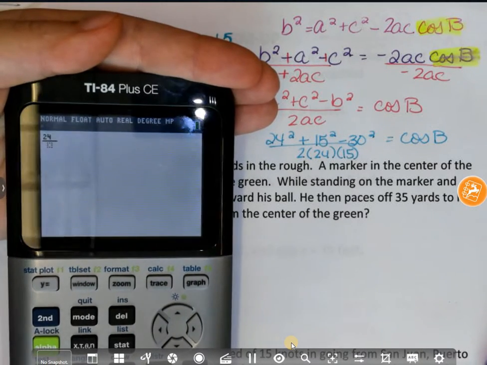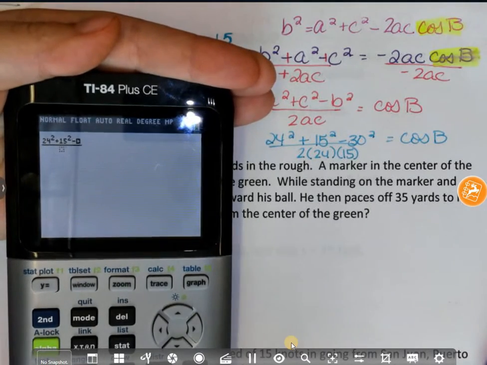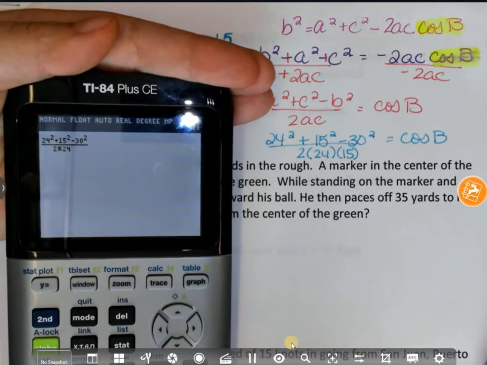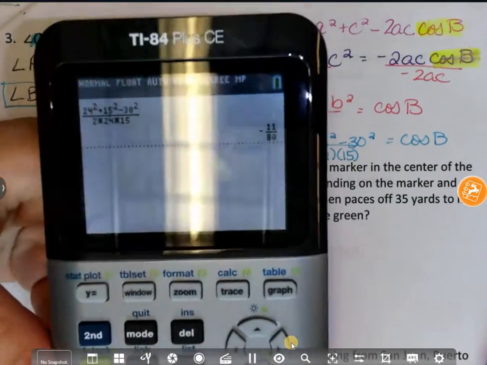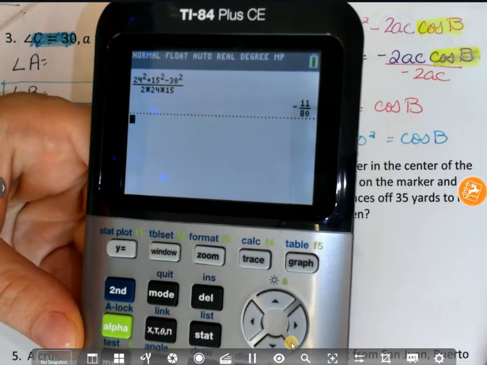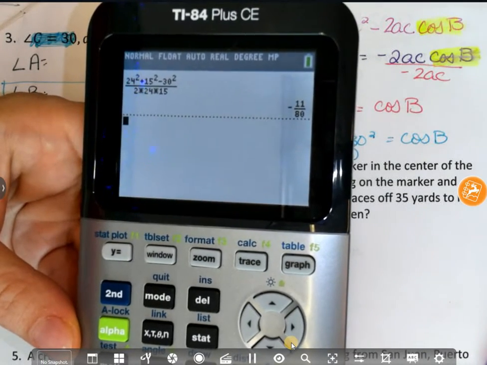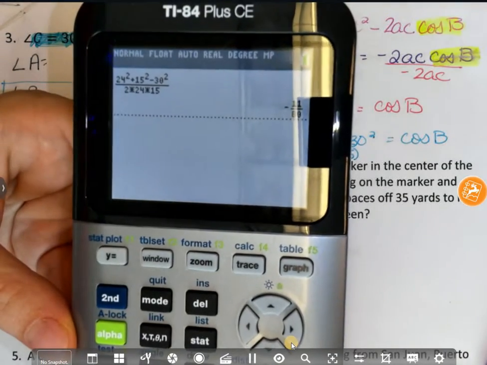So 24 squared plus 15 squared minus 30 squared all over 2 times 24 times 15. Look at how nice that is. Isn't that wonderful that you can do that? I think that's so cool. I used to always forget my parentheses. This kind of cuts out that issue.